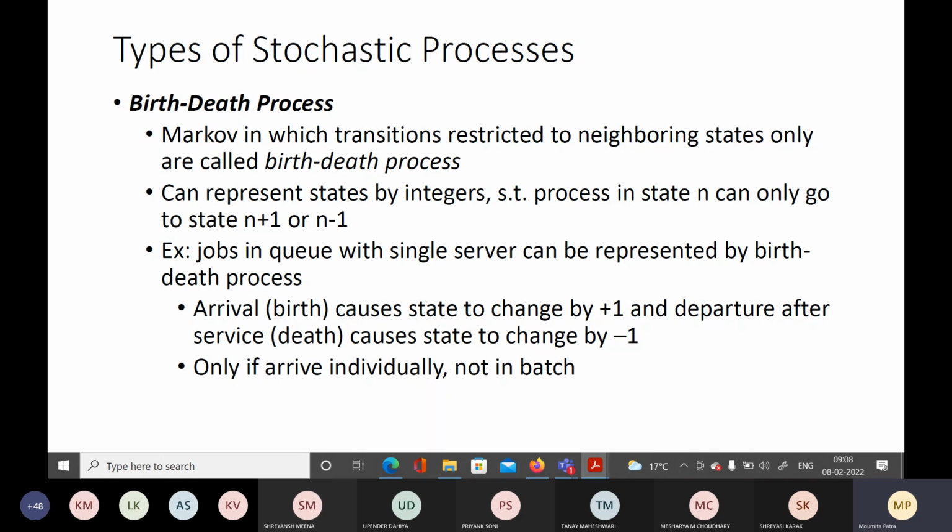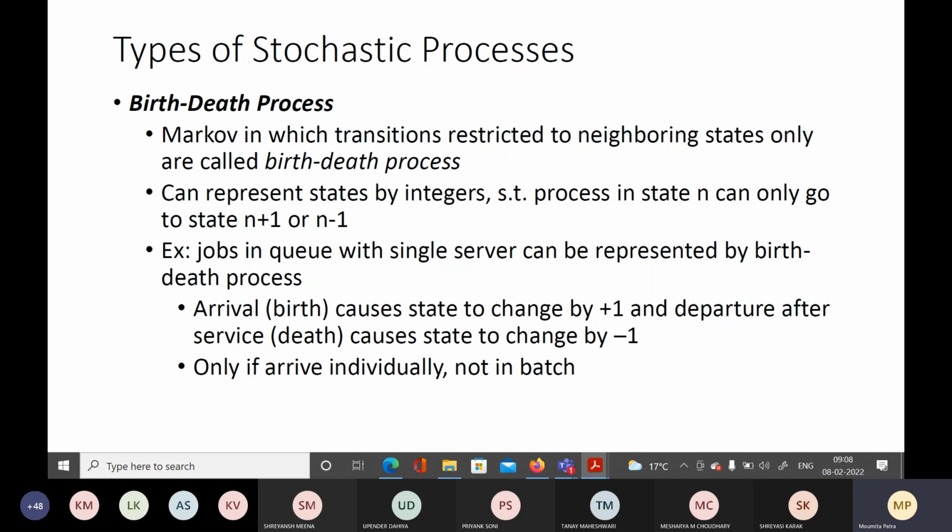If you are at the nth state, you can either go to the (n+1)th state with a birth, or you can go to the (n-1)th state with a death. Here an example has been given: jobs in a queue with a single server can be represented by a birth-death process. We have already seen that the jobs in a queue could be represented by a birth-death process in a single server.